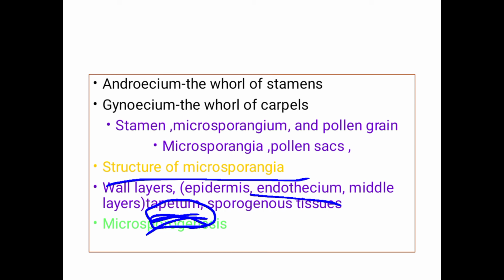And the innermost layer, what is that? The tapetum. Can you see here? The tapetum helps in the nourishing process. The developing pollen grains are nourished by the tapetum. So these are the major parts.